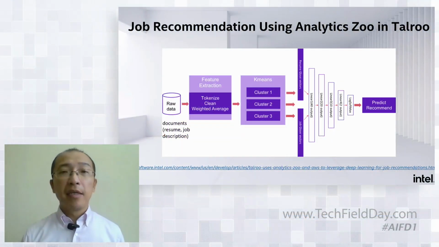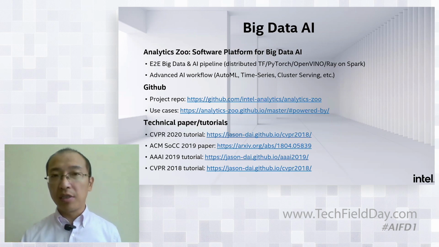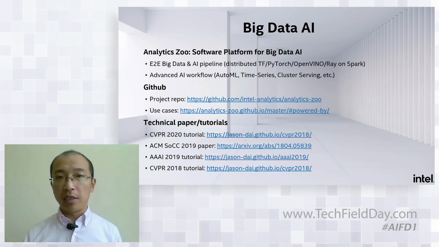So in summary, as I mentioned before, we do see big data AI is an important transformation the industry is going through. I think it's driven by two forces, right? On one hand, big data users and big data applications are increasingly trying to use machine learning and deep learning to build models to predict the future and to make decisions.